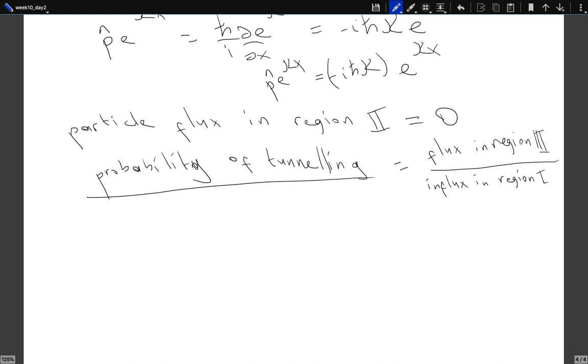So if I'm sending 1 million particles, if 5 of them pass through, then the tunneling probability will be just 5 over 1 million. Yani şeyde olması gerekmiyor. Region 1'de gelenler eksi gidenler. That is why I wrote the influx. If I'm sending, let's say, 1 million particles, if 5 of them go through, then 1 million minus 5 of them should come back.